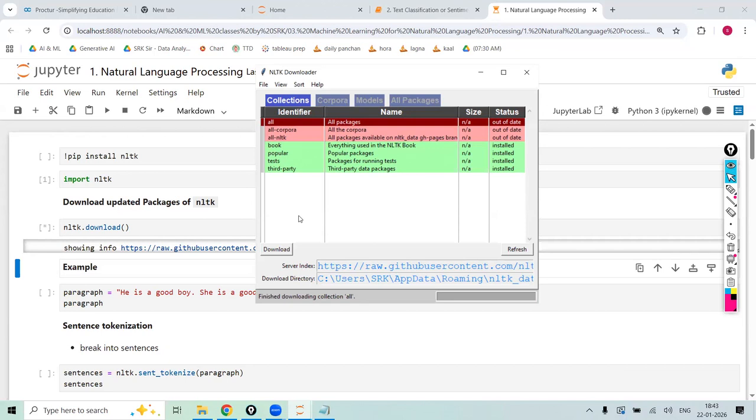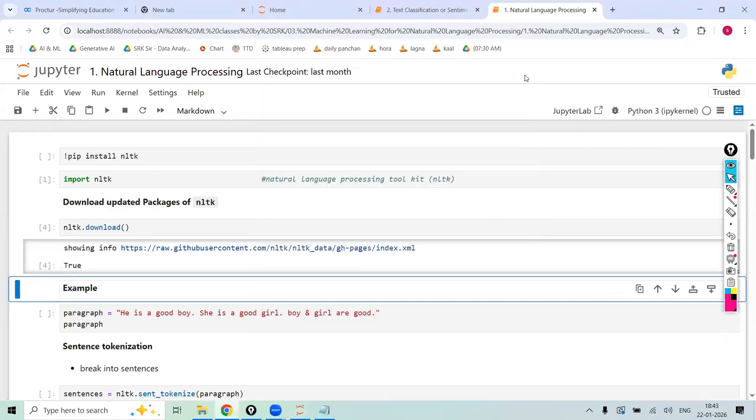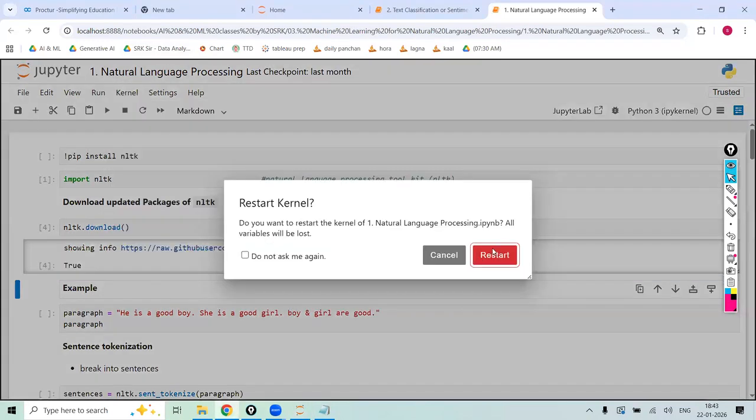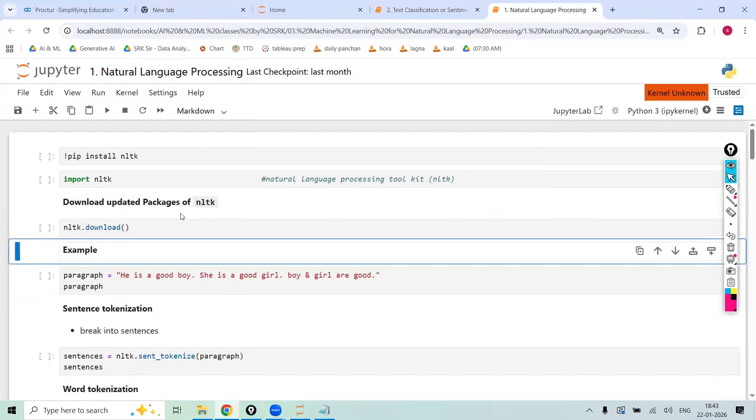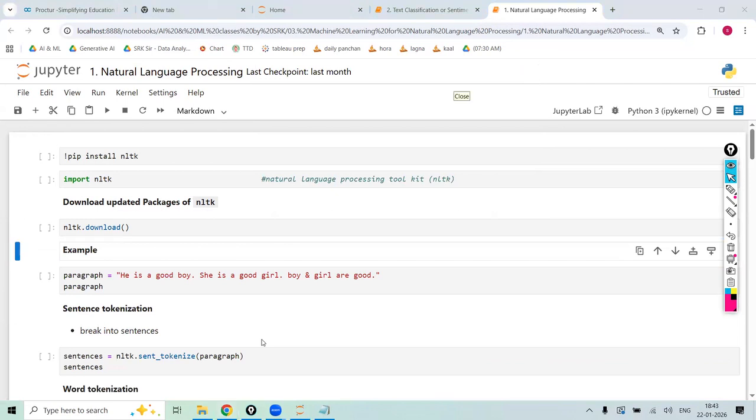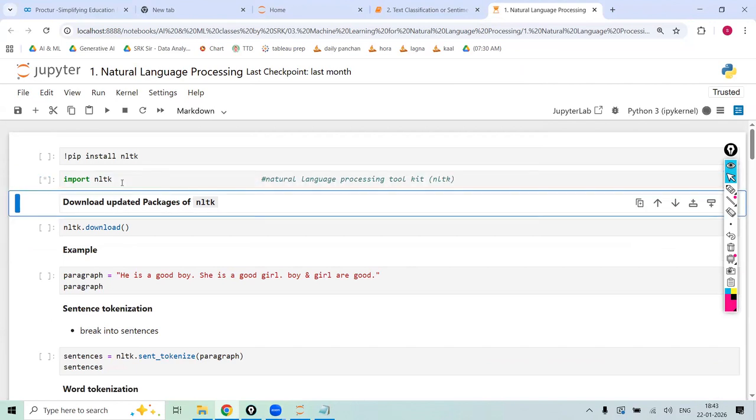Guys, others, anyone trying on the laptop, could you please confirm? Are you getting the same issue, or has everything got installed? Generally, it will take time and get installed.